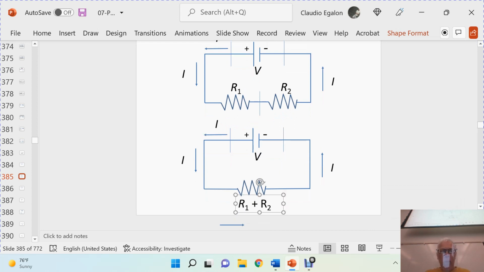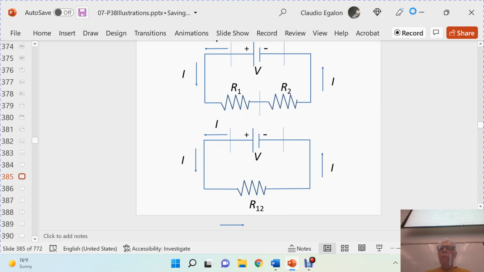Even better, I'll call it R1,2, because it's the equivalent resistance. That's what that R is all about.